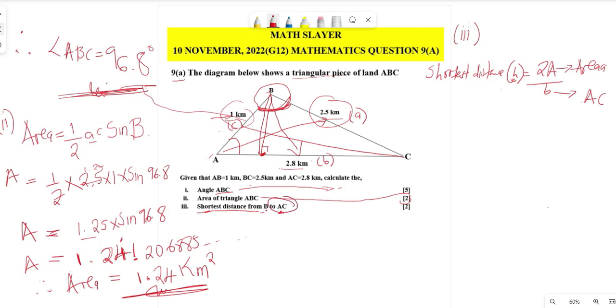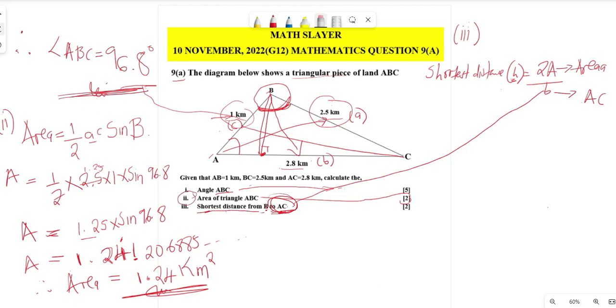So B is the AC. A is the area that we have calculated in question 2.